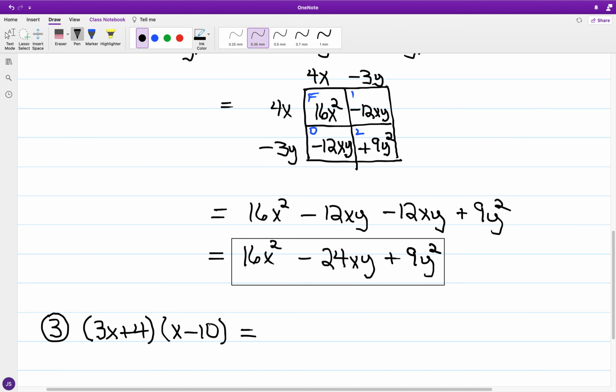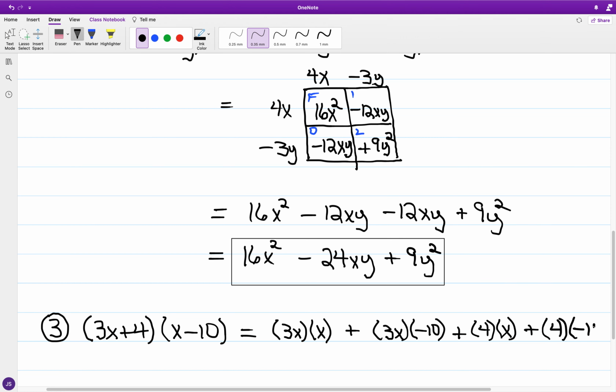So if we go with the traditional method, you have 3x times x, then outside terms, multiplying 3x and negative 10, inside terms, you have 4 times x, and for the last combination, we have 4 times negative 10.